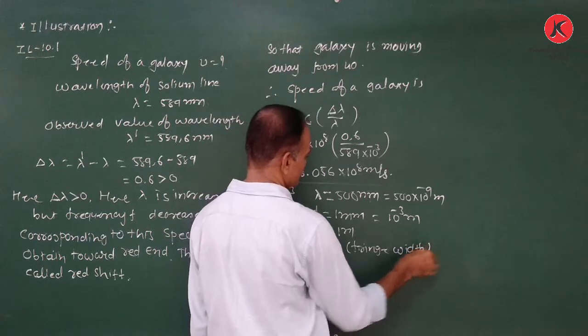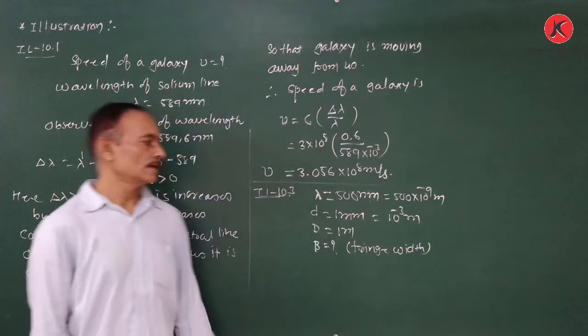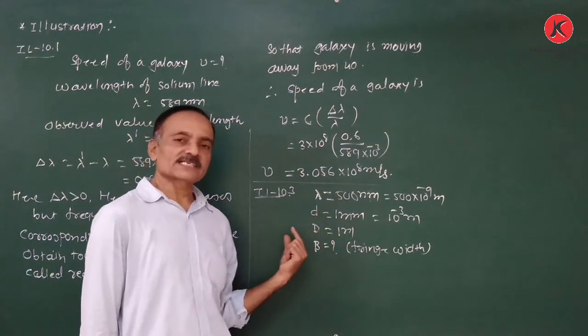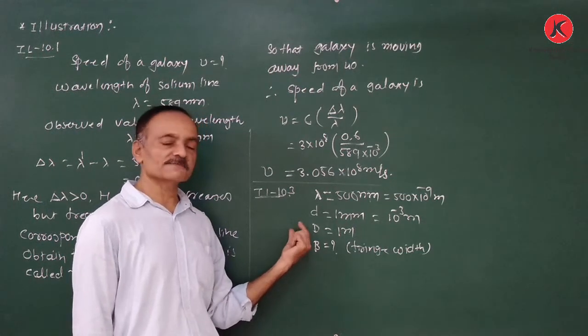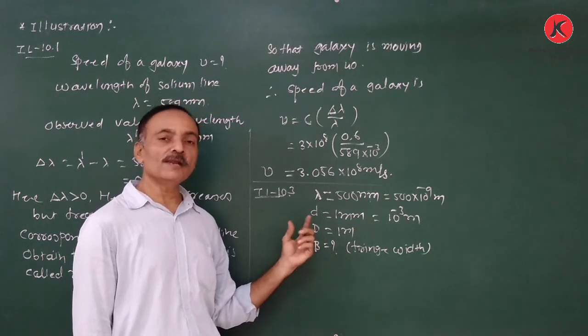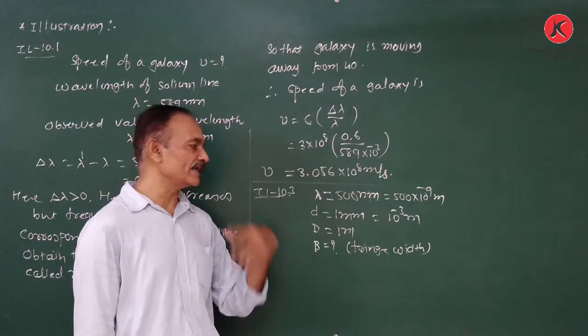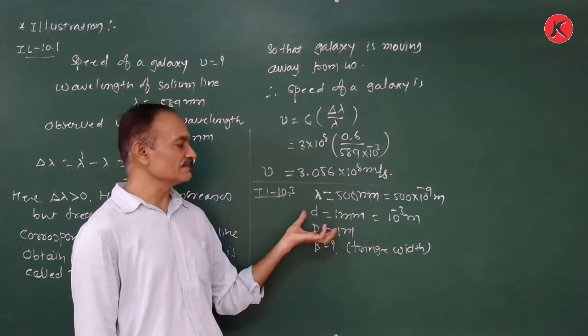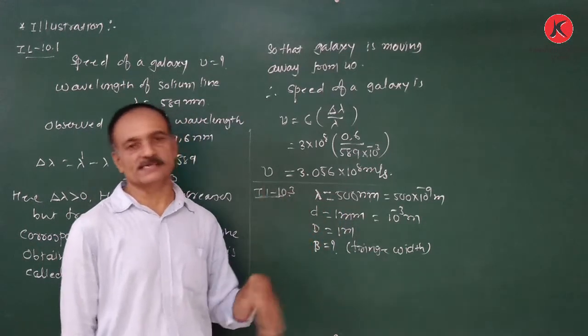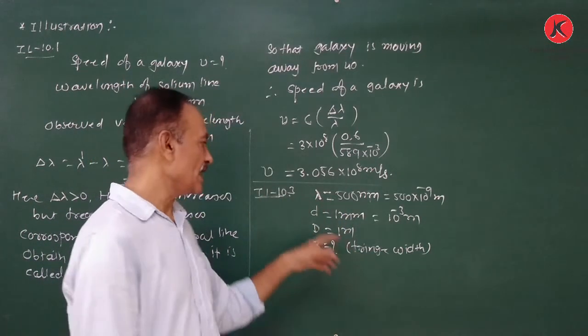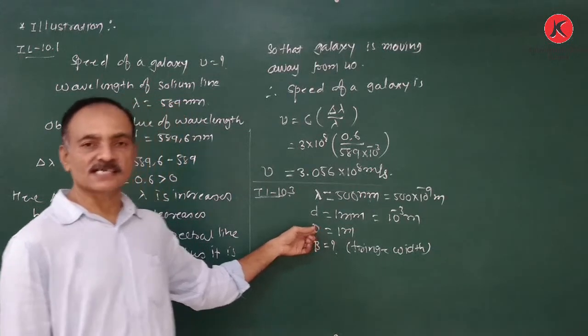Fringe width. Again, in Young's double-slit experiment, to obtain the interference fringes, blue-green light of wavelength 500 nanometer is used. The distance between the two slits is 1 millimeter, and the screen is placed at 1 meter distance from the slit.